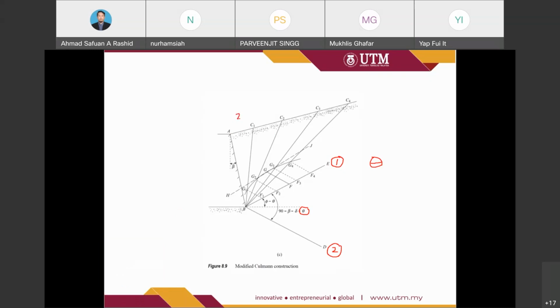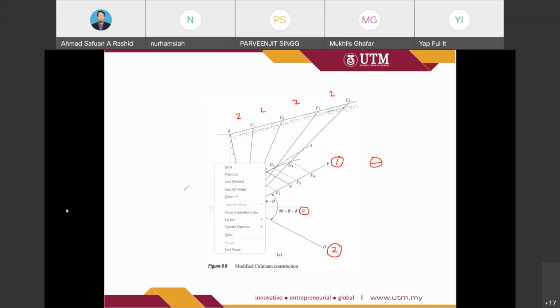For example, if you want to use 2 centimeter each, then the distance between A to C1 is 2 centimeter, C1 to C2 2 centimeter, C2 to C3 2 centimeter, C3 to C4 2 centimeter. Then we construct a line from B to C1, B to C2, B to C3, and B to C4. So what is the function of these lines?